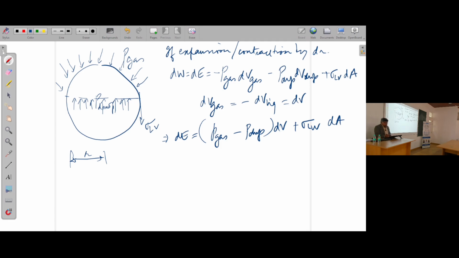Now obviously this is a sphere, so the volume of a sphere is 4 by 3 pi r cubed.